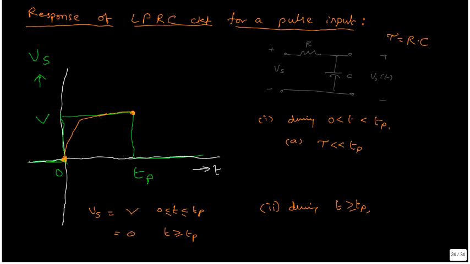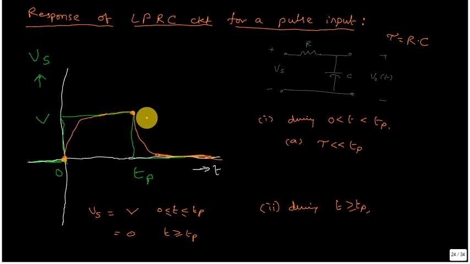The capacitor already has some stored voltage, so it discharges towards 0 exponentially. While discharging, it also depends only on the circuit time constant, tau, and our assumption is that tau is smaller than Tp, so it discharges towards 0 rapidly.